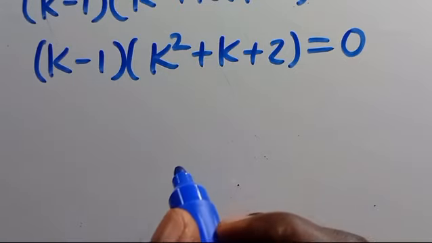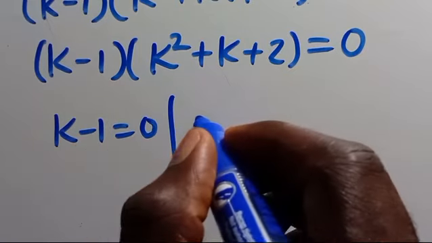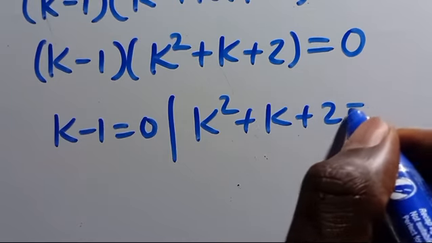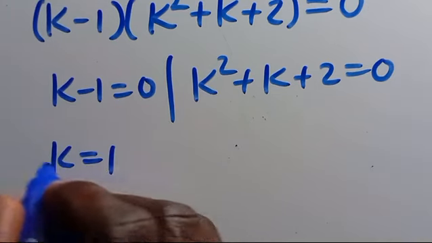So from here, for this expression to be equal to 0, we have k minus 1 equals 0, or we have k squared plus k plus 2 equals 0. Here k equals 1.